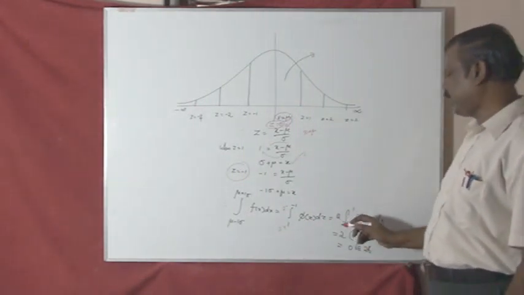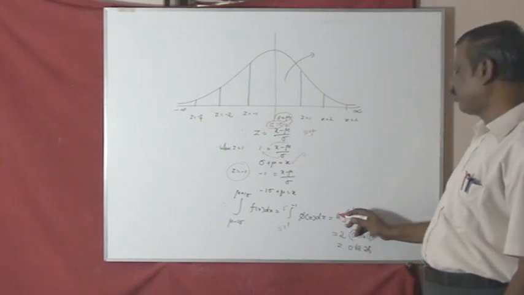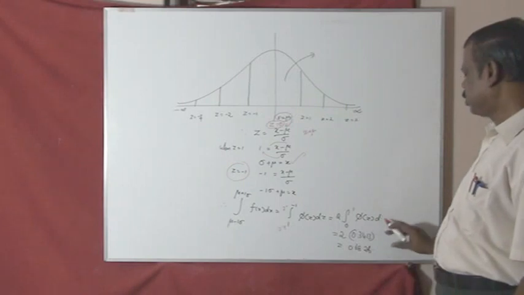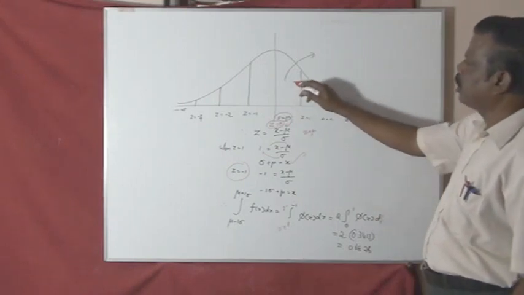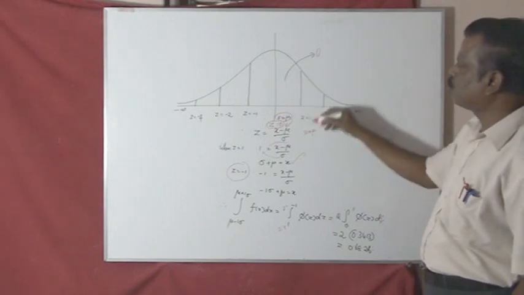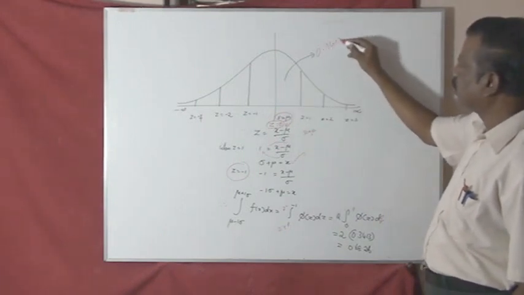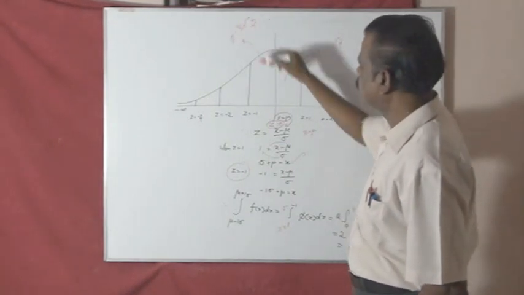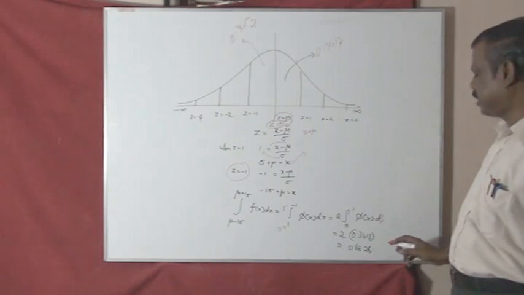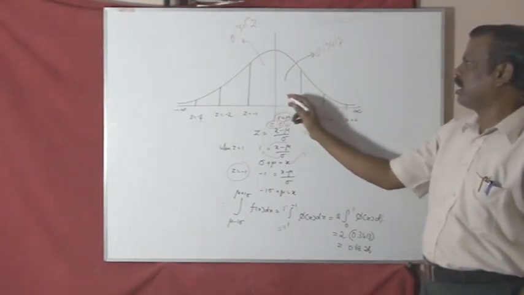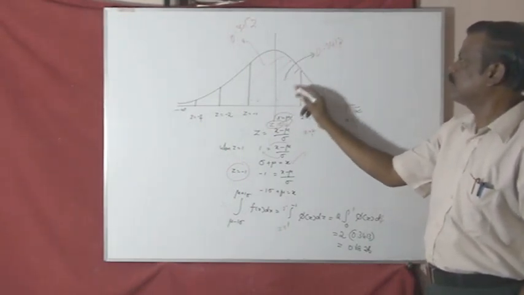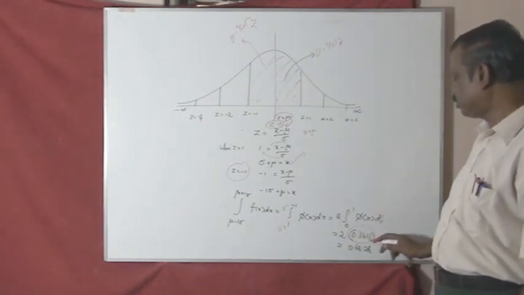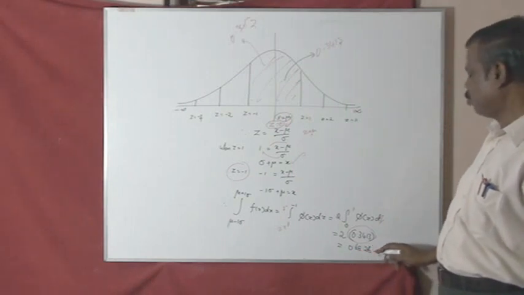According to the property, because this is an even function, it is twice the integral from 0 to 1 of phi z dz. We know that from the normal distribution curve, the value from 0 to 1 is 0.3413, and similarly on the other side the value is also 0.3413. There are two different areas which are symmetrical, therefore both values are equal. So this area is twice 0.3413, and when you multiply, we get 0.6826.